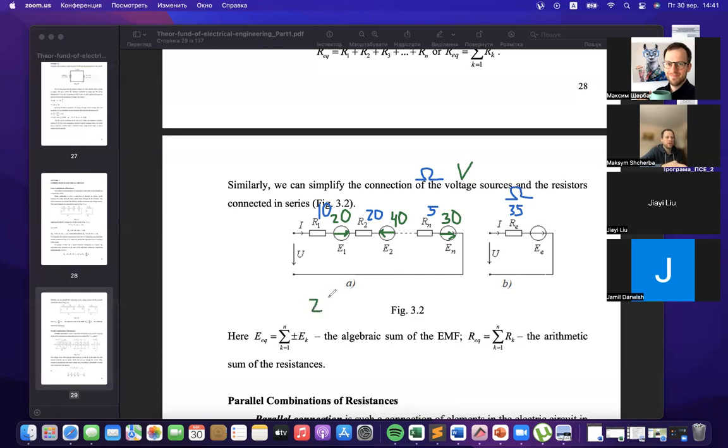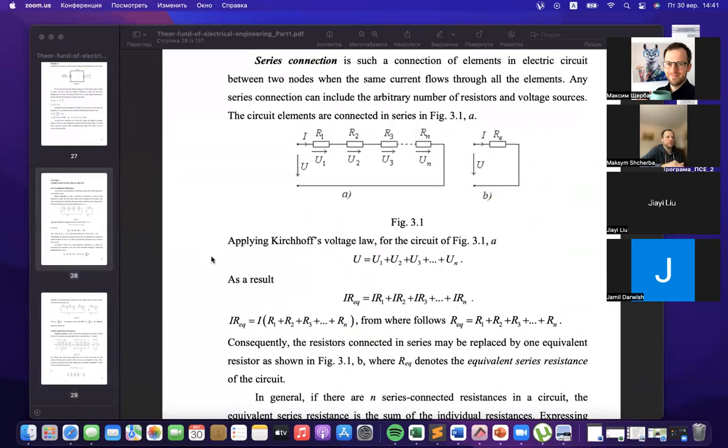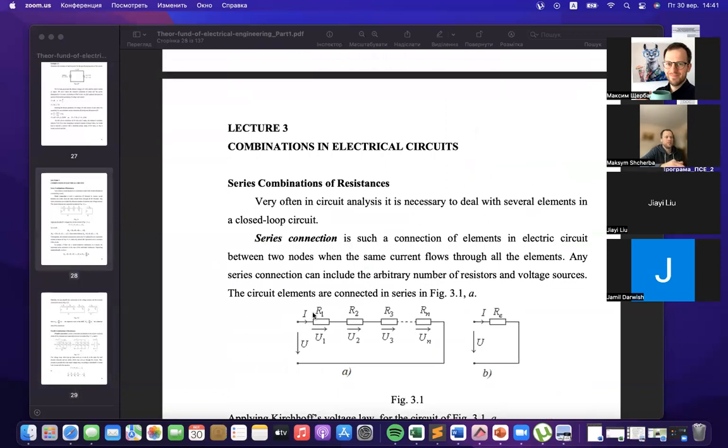For sources, it will be the same direction that we want to obtain, 20, minus 40 because of the opposite direction, plus 30. And it will be 60 minus 50, it will be 10 volts. Instead of this big circle, we could replace it with this one. All of this is called series connection.